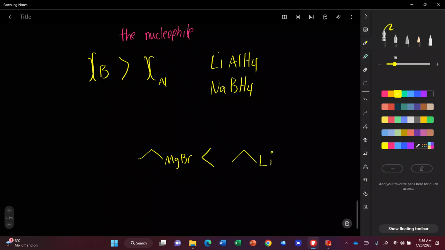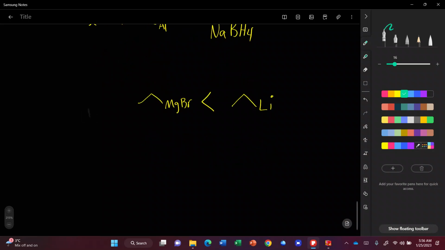Alkyl lithiums do the same thing as Grignards. So if I were to see this Grignard right here, I would just tell myself in my head that it was this molecule right here. And I would do the same thing for this alkyl lithium.